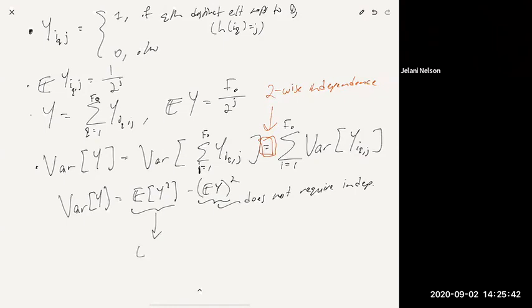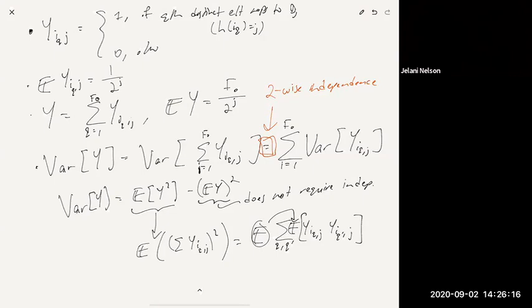This is the expectation of the sum of y_iq,j squared, which is equal to the expectation of the sum over all q and q prime of y_iq,j times y_iq prime,j. Linearity of expectation says I can pull this inside so I can get the expectation here.